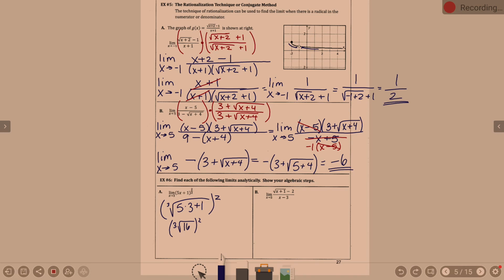So it's 2 cube root of 2, and then still square. If you square that, then you're squaring both of the pieces. So the 2 out front becomes 4. When you square the 2 under the radical, it becomes the cube root of 4.